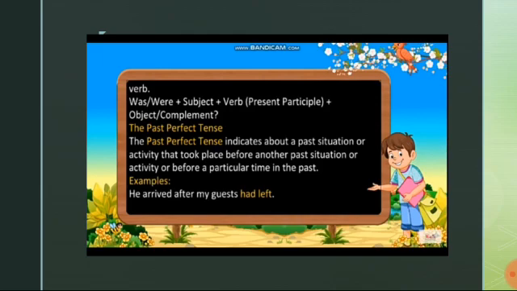Whichever action was done first will take past perfect form. Like see, he arrived after my guests had left. So here you see, two actions are there. He arrived after my guests had left. So the first action is my guests had left.